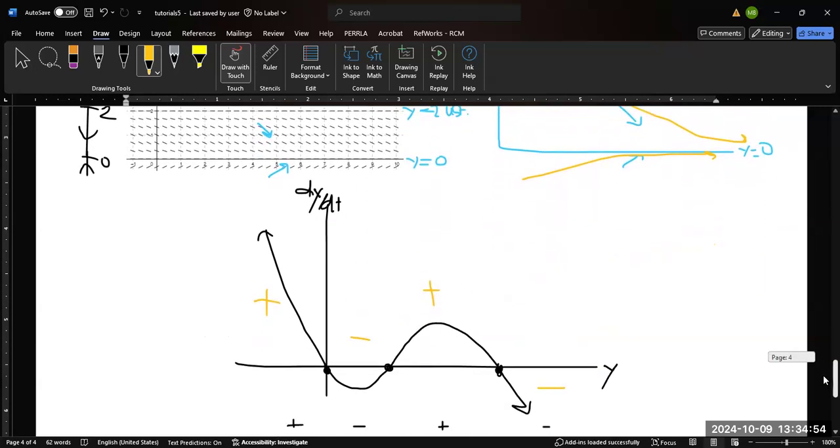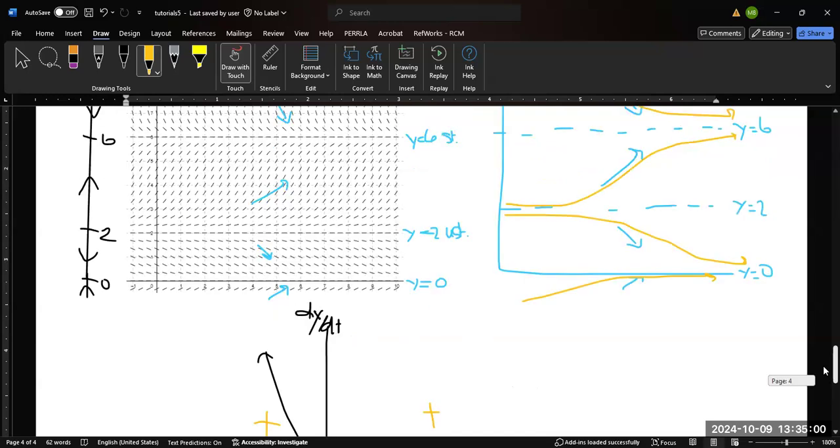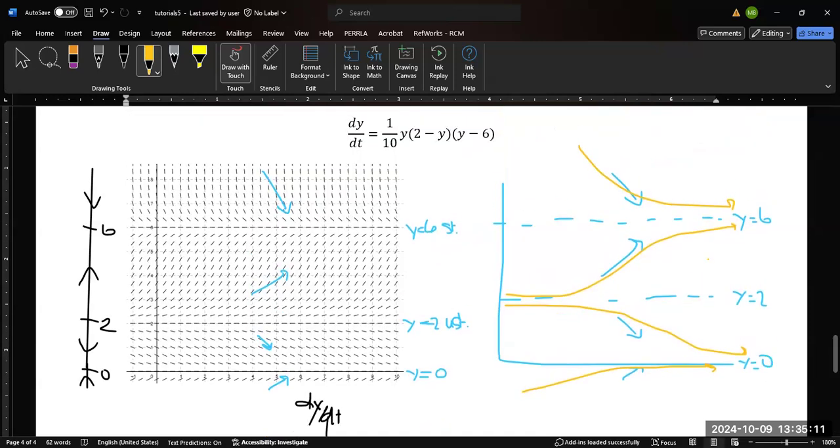But this is another way of thinking about how to construct a simplified direction field, rather than plotting a whole bunch of points to fill this in with a great deal of detail. Autonomous direction fields make it easy in that you basically just need to know where the equilibria are, where the zeros are, and then the direction that the arrows are pointing in.